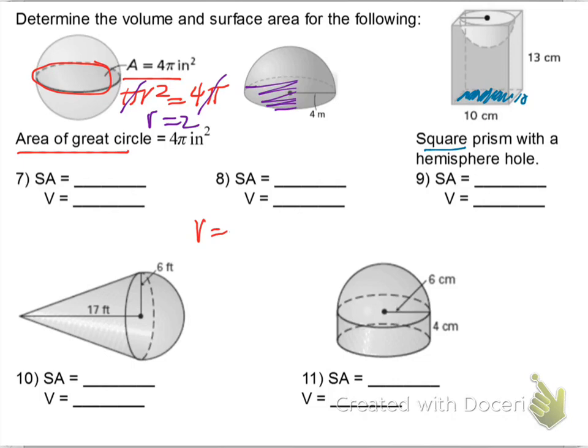Okay, so square prism with a hemisphere hole. If we want to get the surface area, we have 2 things that we have to get the surface area of here. So I'm going to first get the surface area of the prism. Surface area of a prism is perimeter of the base, so that'd be 10 times 4 is 40, times the height of the hemisphere.